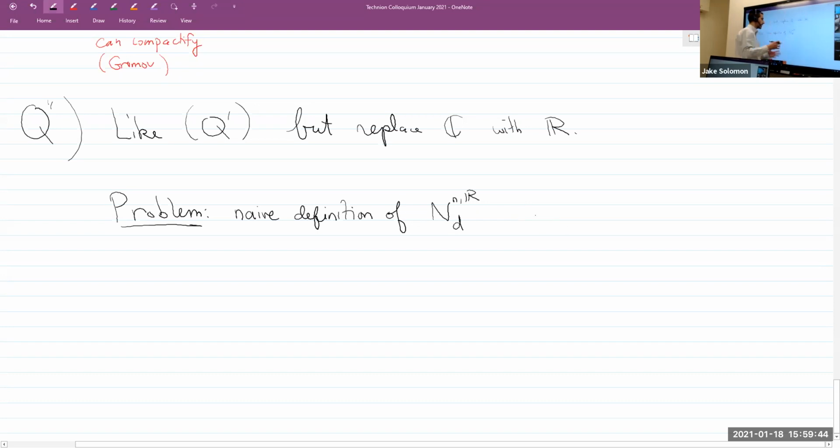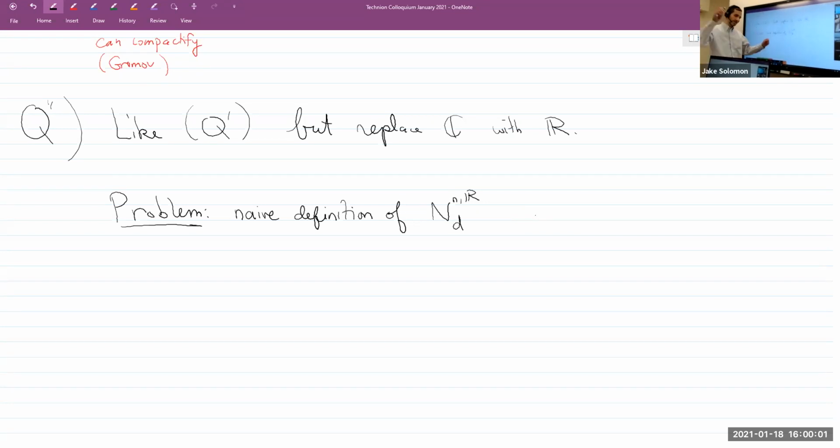If you just count the number of real rational curves of degree d through m points, the right number of points, the number will be some finite number, and it will depend on which points you choose.